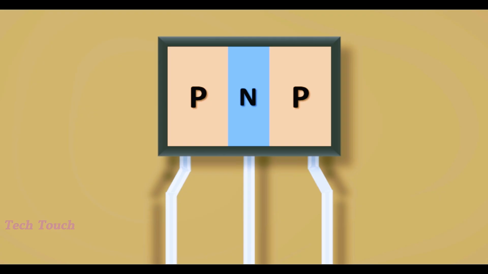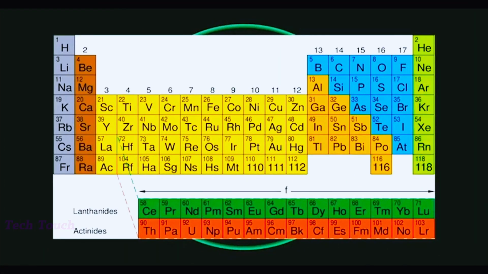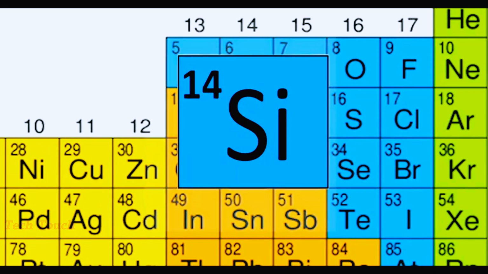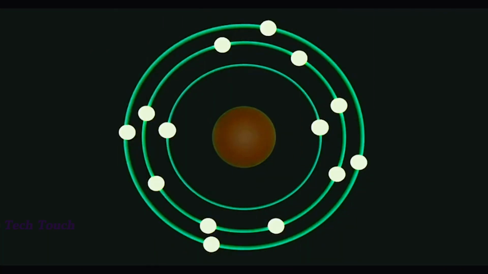Let's look at that first. The most used and popular semiconductor is silicon. So, in this video, we will discuss silicon semiconductor. Silicon has a total of 14 electrons. There are 2 electrons in the first orbital, 8 in the second orbital, and 4 in the last orbital.